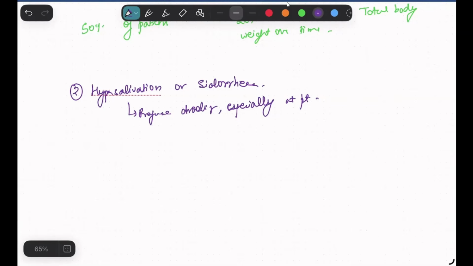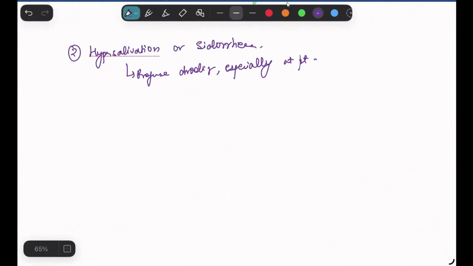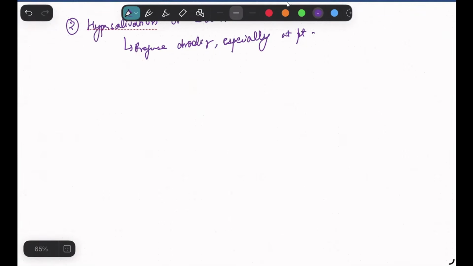In rare cases, severe drooling can cause aspiration pneumonitis, which is a common cause of death in clozapine patients. So we'll be writing about this. Why is it a paradox?